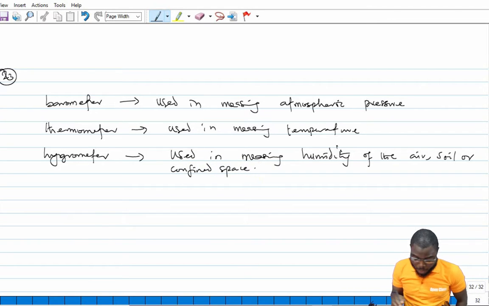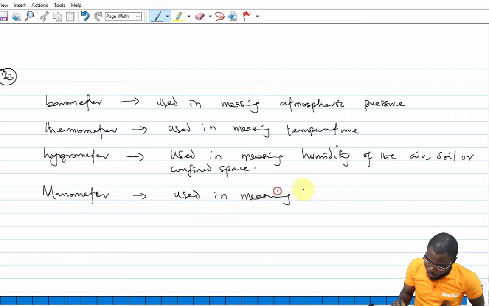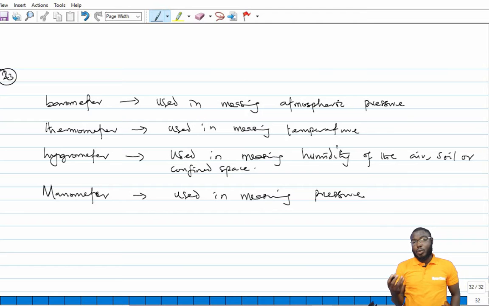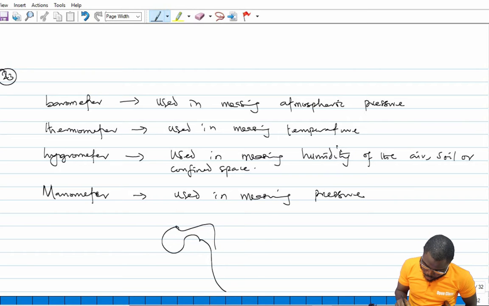And then you have your manometer, which in this case is your star, used in measuring pressure. A simple manometer is U-shaped, something like this.